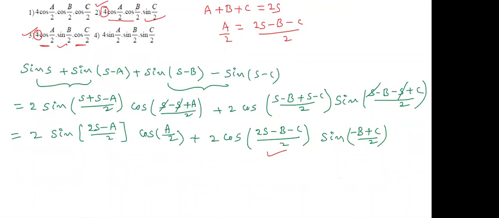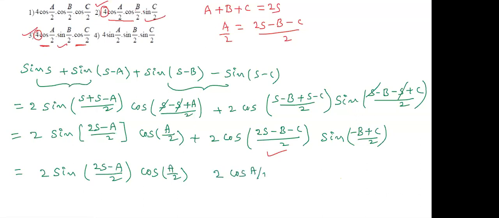Right. Next, 2 sin of (2S minus A)/2, cos A/2, giving 2 cos A/2 times sine of minus theta, which is minus sine theta. So here you will get (B minus C)/2.